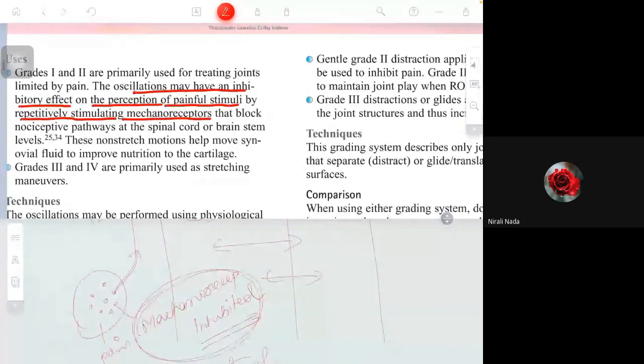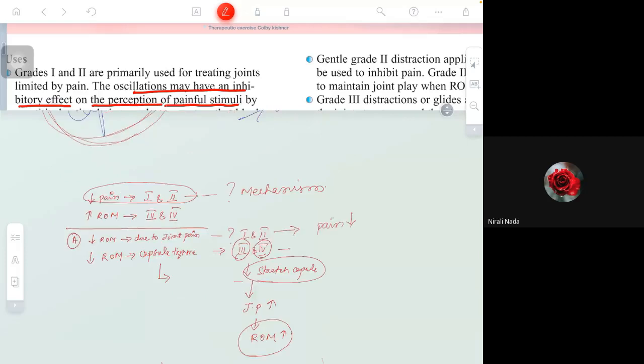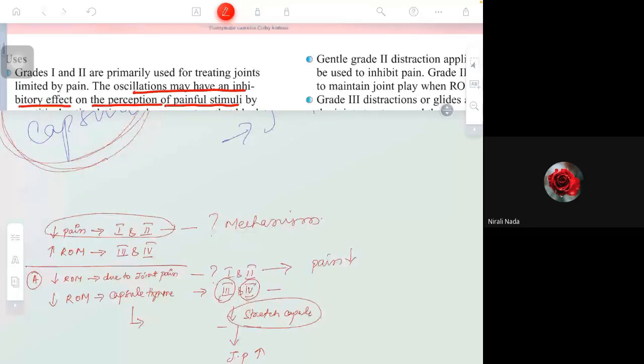So because of this reason, what happens? The pain is inhibited. The perception of pain is inhibited. If pain is inhibited, then automatically range of motion is increased. Are you clear? Yes, sir.